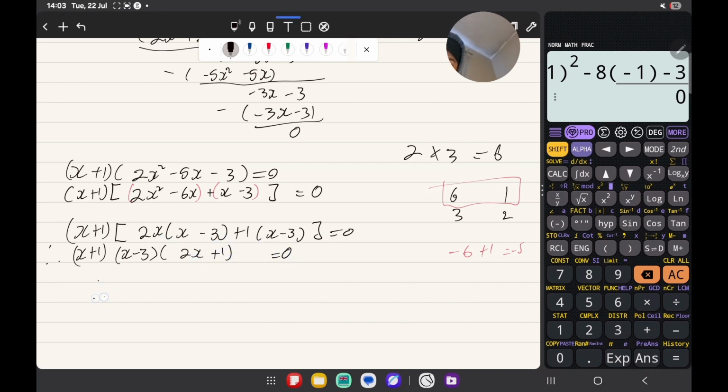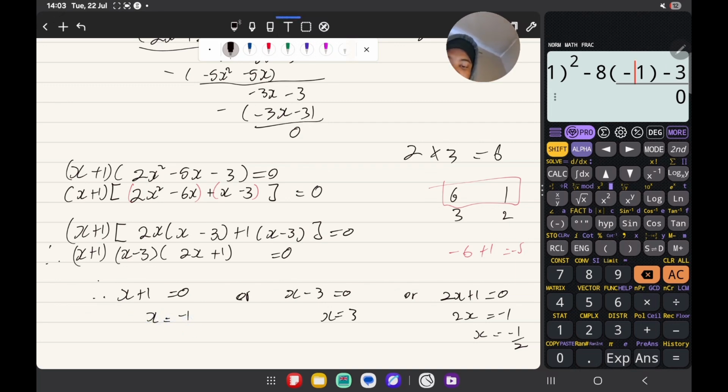So therefore x plus 1 equals 0, or x minus 3 equals 0, or 2x plus 1 equals 0. 2x equals minus 1, x equals minus 1 over 2, yes it is, x equals 3, x equals minus 1. So we're good.